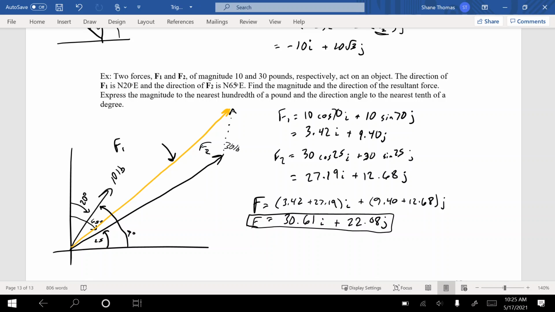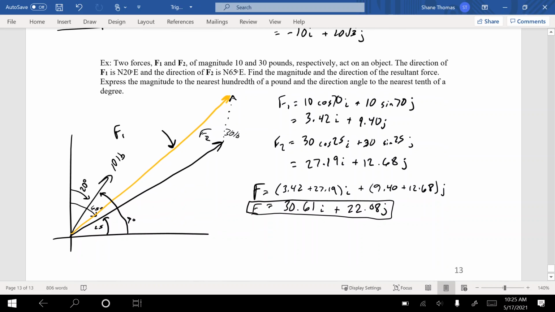Now, if I want to find the magnitude, that's how much combined force those two forces would have in the direction I just found. I want the magnitude of F, which is going to be my I term squared, 30.61 squared plus 22.08 squared.